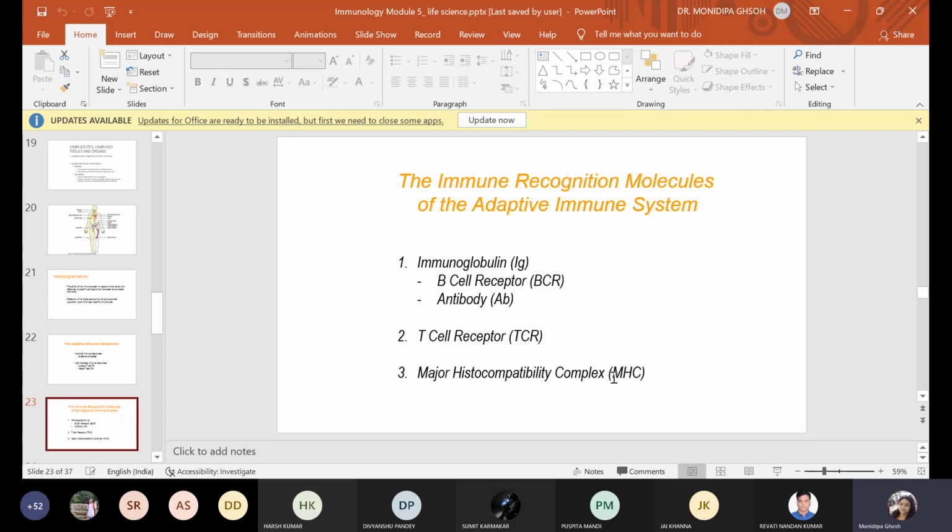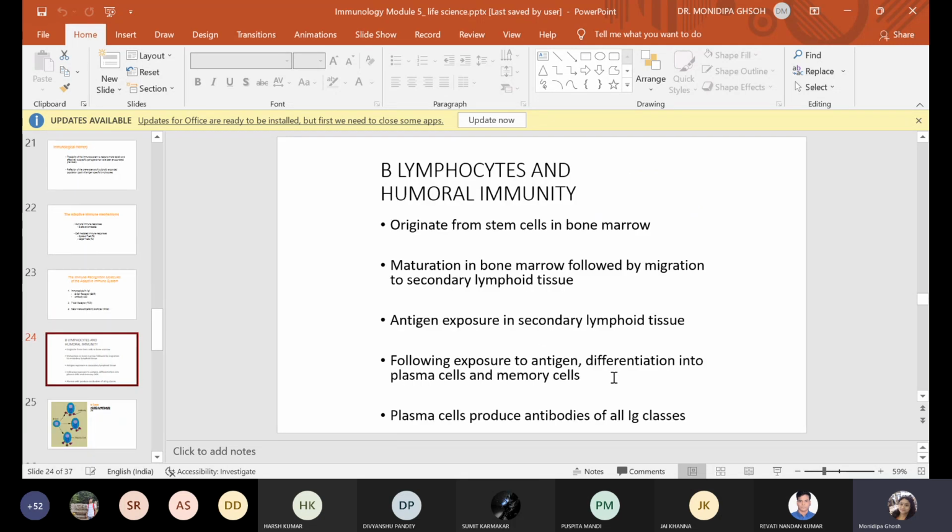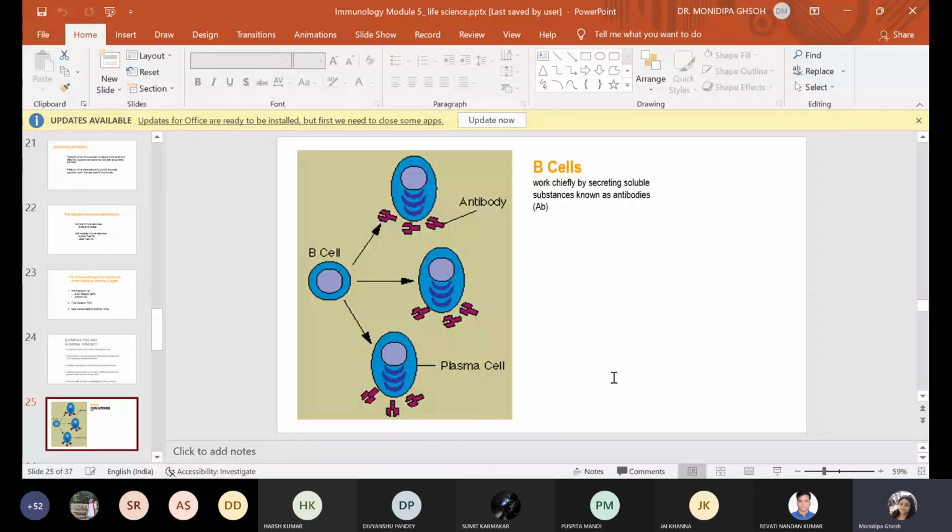The antigen-antibody interaction will give B cell triggering, and you see, this is the B cell. If there is no interaction with the antigen, the B cell won't survive long and multiply in number.